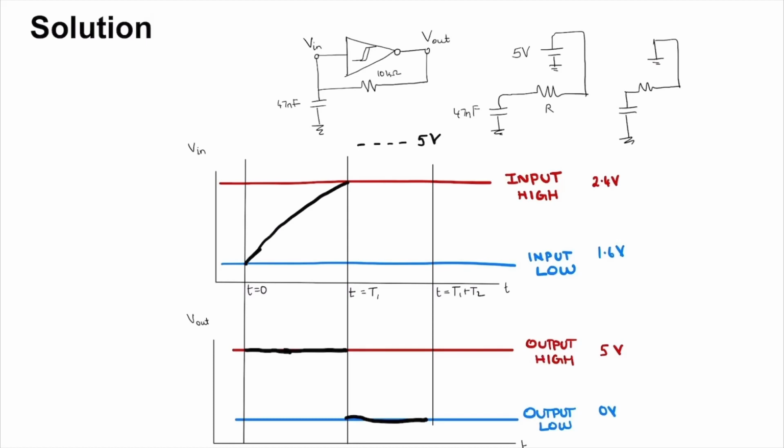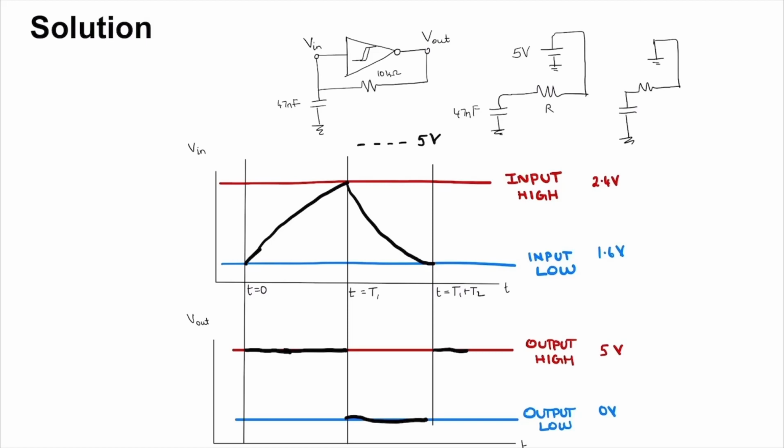Now you will have capacitive discharge. It will try to discharge till 0, but it will reach the crossing threshold and cause the output to go up to output high again, causing the cycle to repeat. Thus, this is an oscillator.